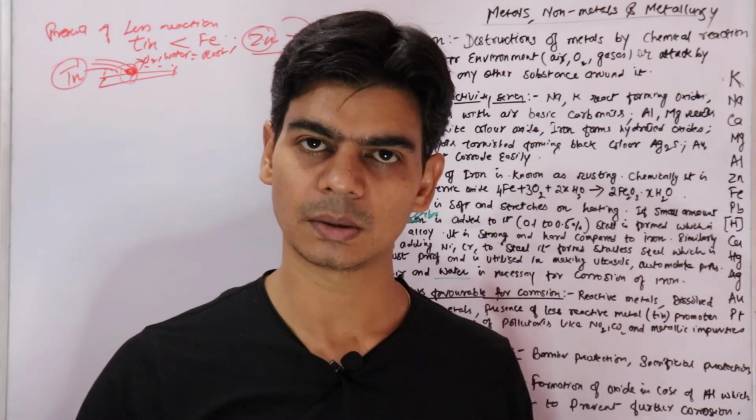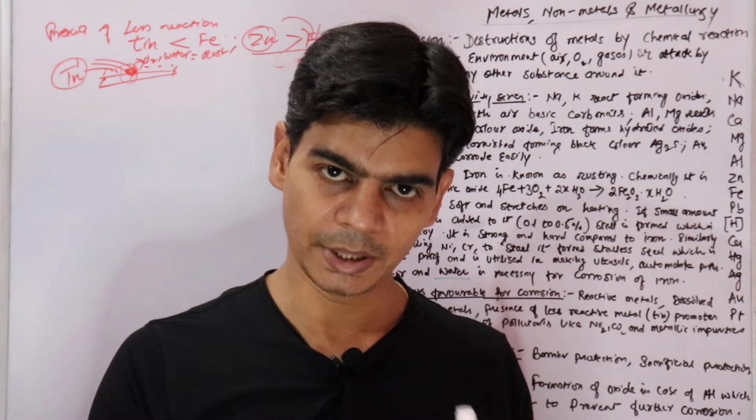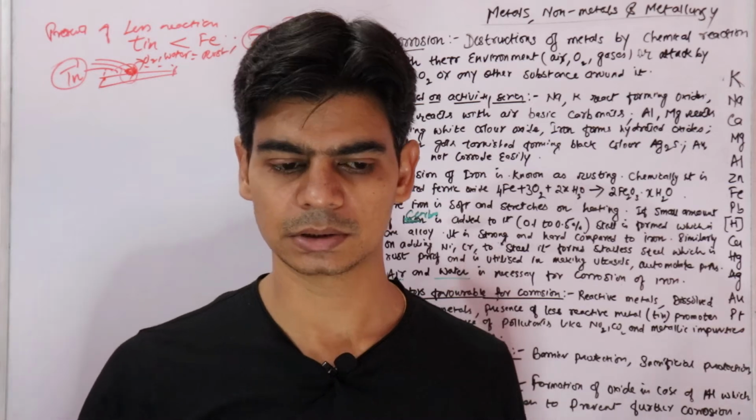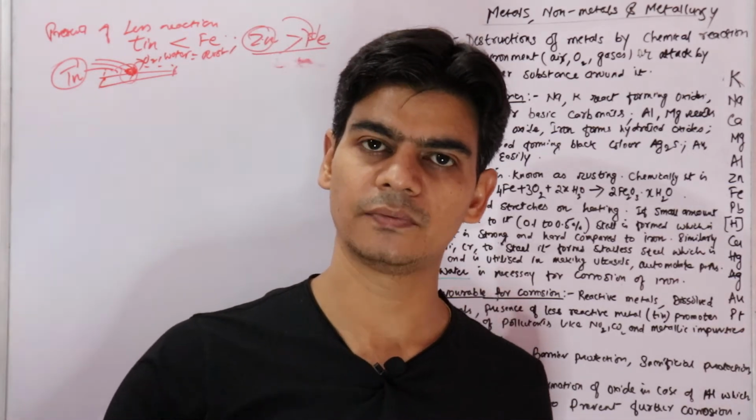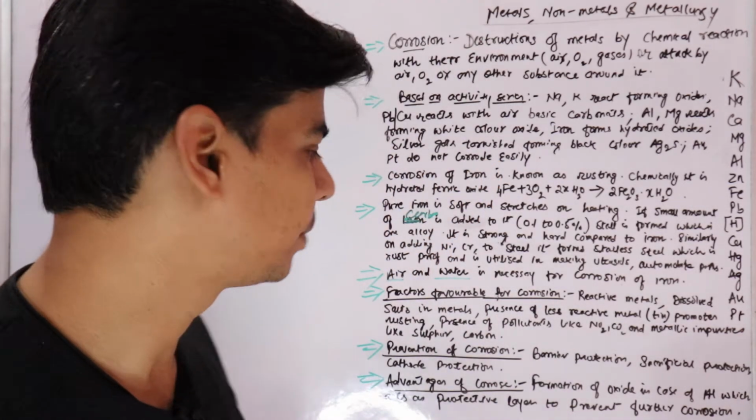Due to the formation of those compounds, a metal will acquire a dull look, because the metal surface gets covered with those chemical compounds.